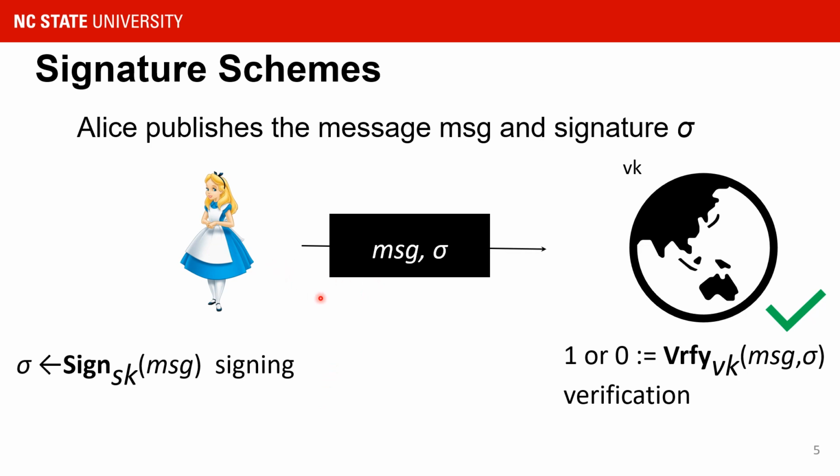She can now publish that message and that signature to the world. And the world has some associated verification key that they can use with the message and signature to see, did it really come from Alice? Notice here that the signature and message are publicly verifiable.